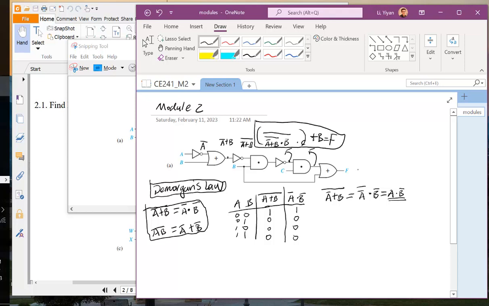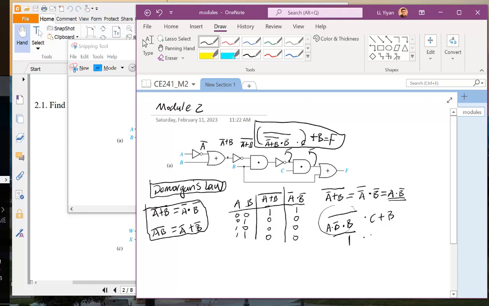So let's just plug it into the equation, and we get A and B naught, which is the part at the bottom here, followed by and B and C or B. Since we know that we can combine these two, this is B naught and B, which becomes 0, and 0 and anything will be 0, and then you invert it, so this becomes 1.